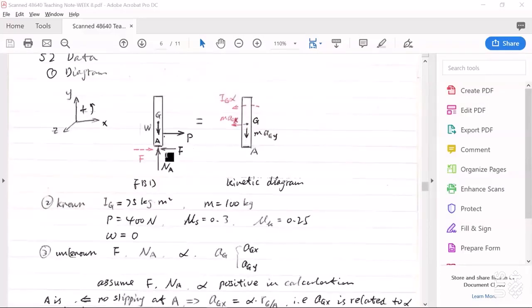But F at this moment is unknown, so I can assume it's positive according to this defined coordinate system. This will be easy for dealing with the sign of an unknown parameter. But if you don't like, it's not necessary for you to assume this direction of friction force positive.